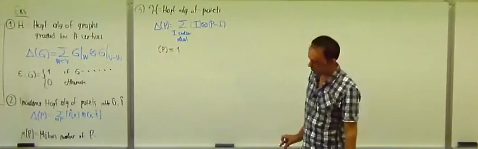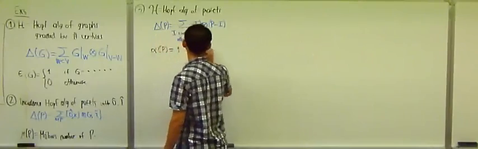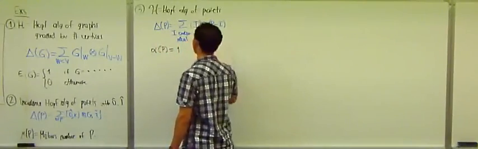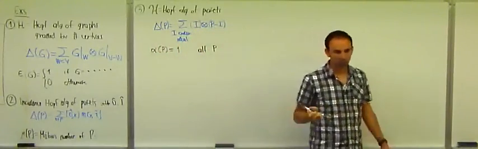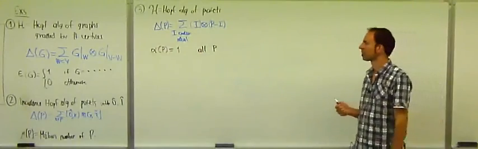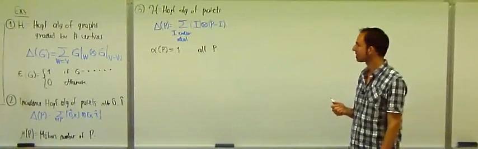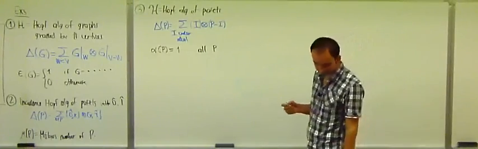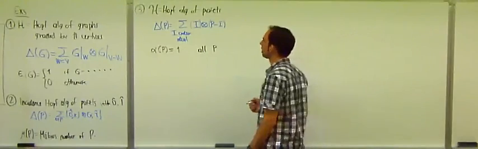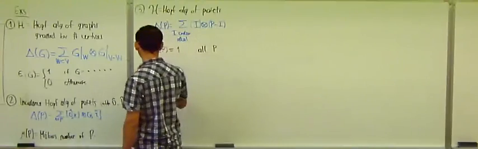Let's call it just alpha. So alpha of any poset is equal to 1, and of course that is going to be a multiplicative function, because 1 times 1 is equal to 1. Let's talk about a different example.